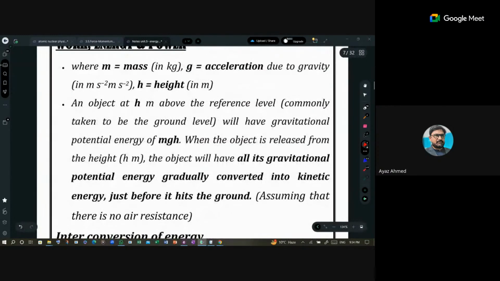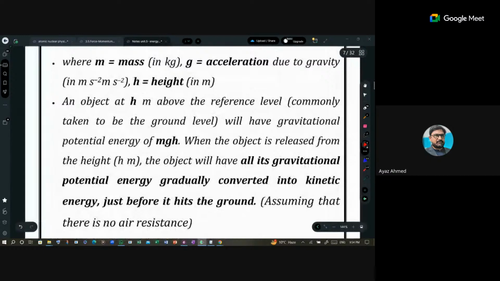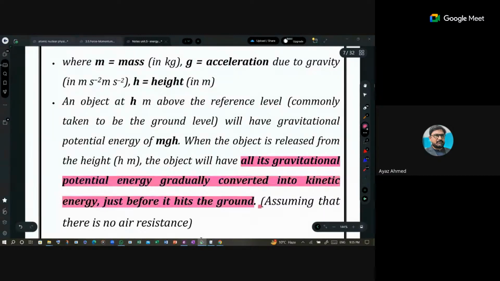So I have simply explained in this paragraph that when an object is moving downwards, its gravitational potential energy decreases and its kinetic energy increases, right? For example, when we drive a car down the hill, all of the gravitational potential energy is gradually converted into kinetic energy.